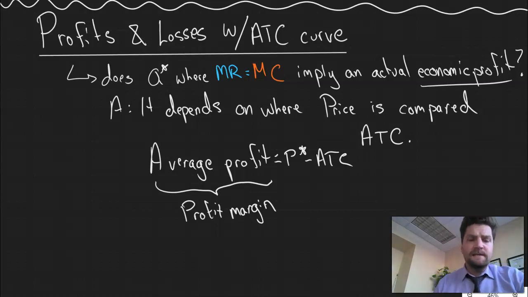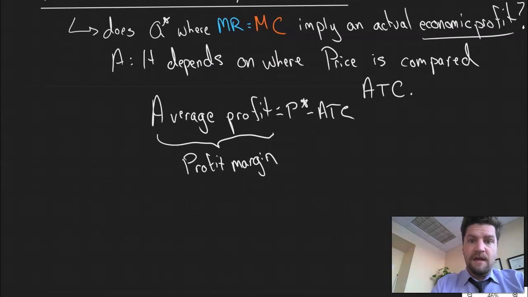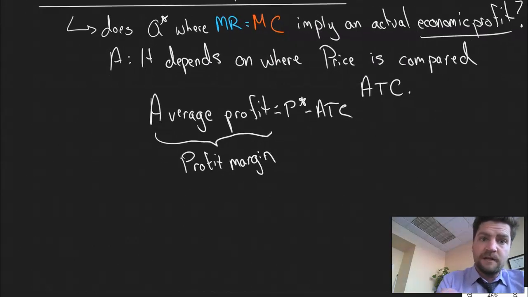So let's go ahead and talk a little bit about what it looks like for firms to be making an economic profit, right? So let's keep it simple and talk first about an actual positive profit.